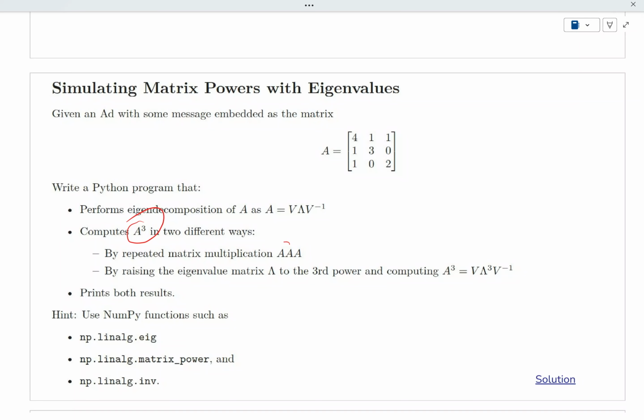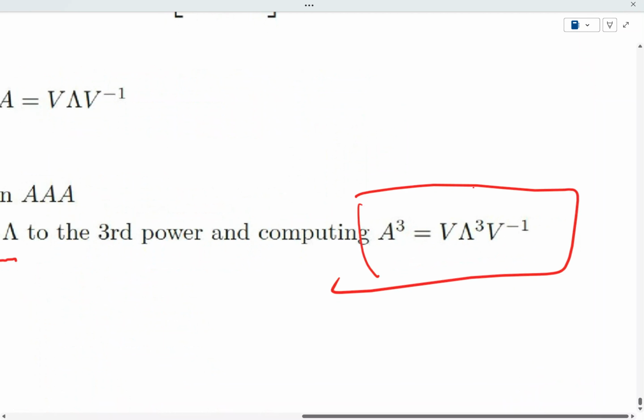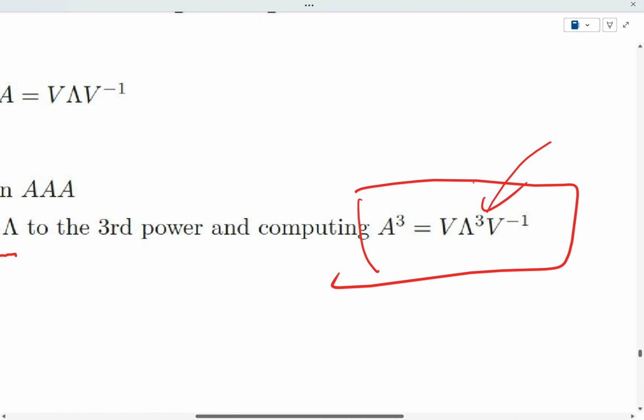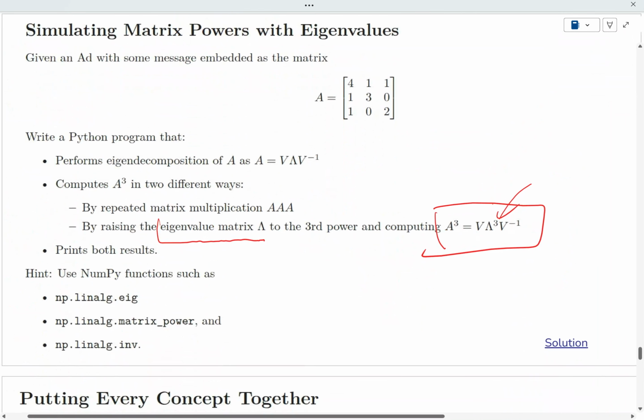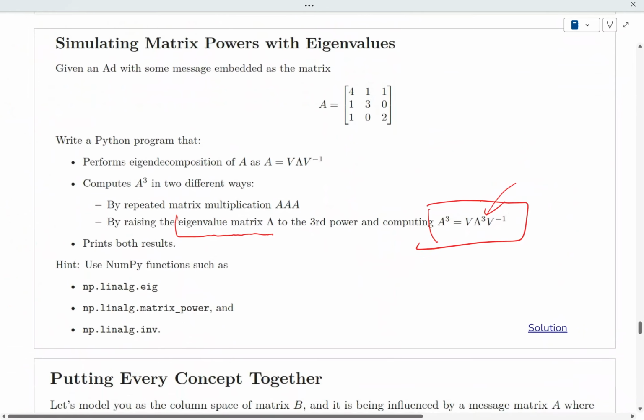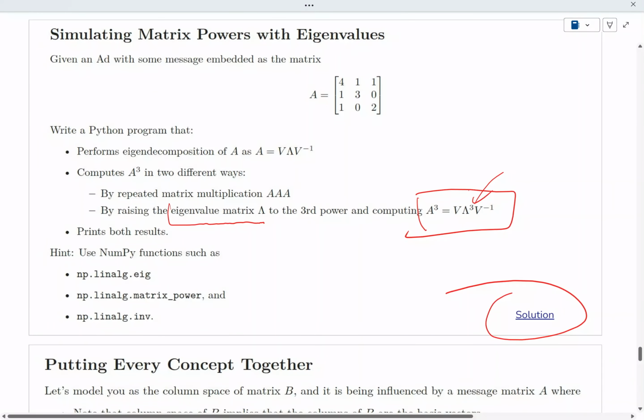First way, just multiply A three times. And the second way is to perform the eigenvalue decomposition and then take the power to the third, like such, right? So do it both ways to convince yourself that they result in the same thing. So this is your next exercise.